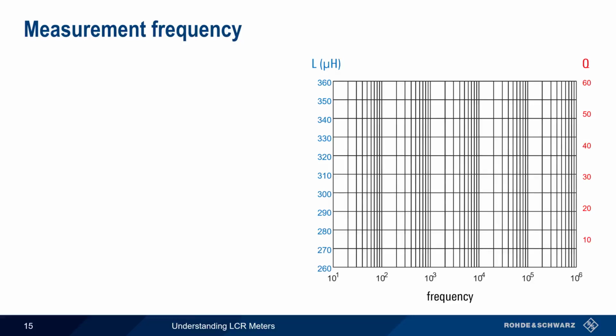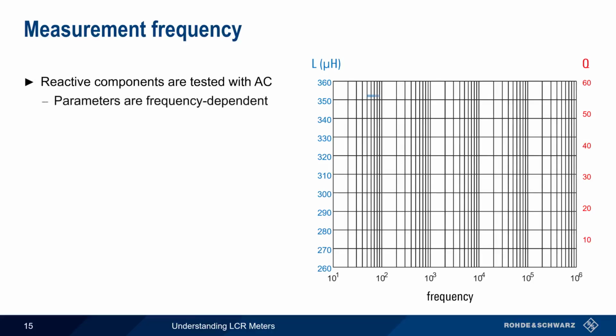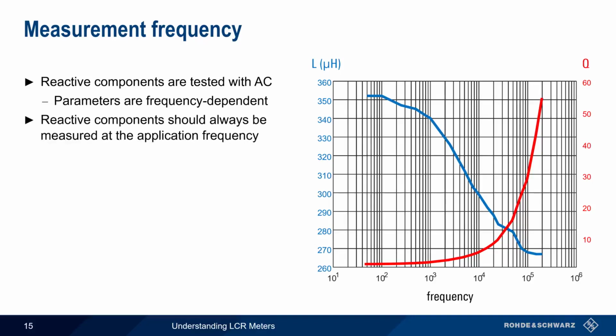Next, let's talk about measurement frequency. Recall that reactive components, such as capacitors and inductors, are tested with alternating current because their parameters, such as reactance and Q, are frequency dependent. In most cases, reactive components should be measured at the frequency of intended application, or across the expected application frequency range.